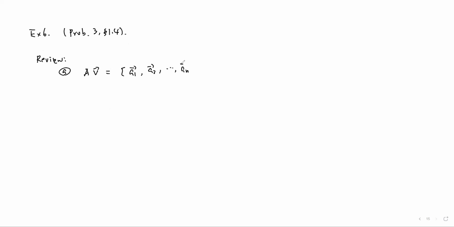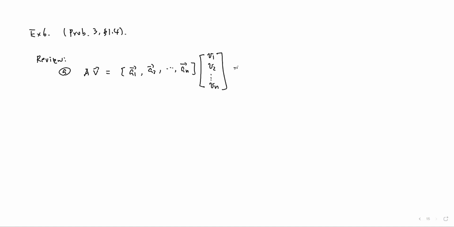Suppose n columns, we should have n entries, otherwise A times a vector is not computable. So V1, V2, then Vn.